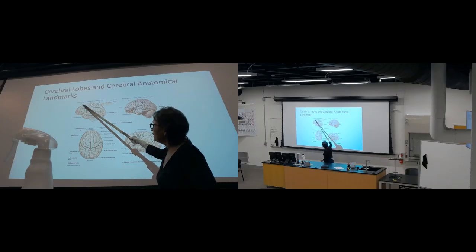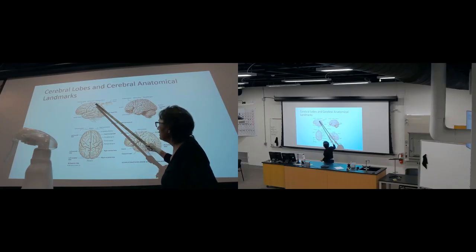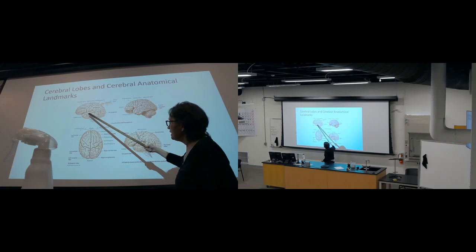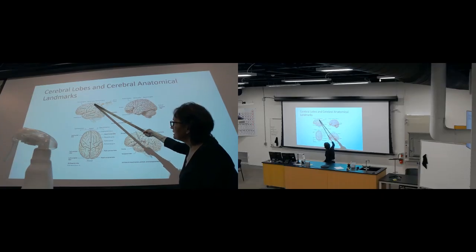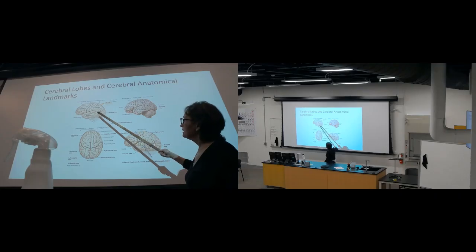Here are the different lobes: frontal, parietal, temporal, occipital. The insula is deep in here. And then here we have the central sulcus. This is the precentral gyrus, or primary motor cortex, and this is the postcentral gyrus, or primary somatosensory cortex.